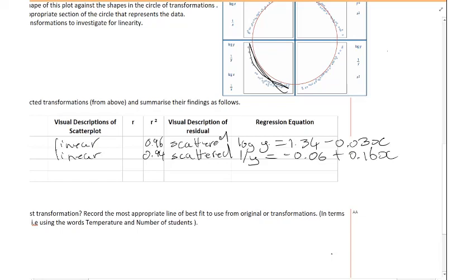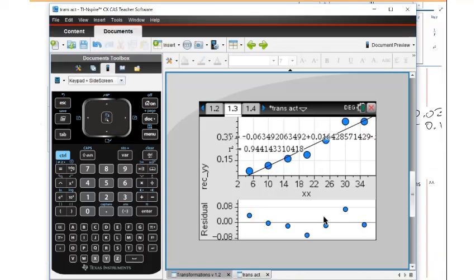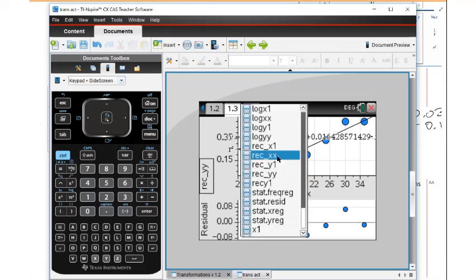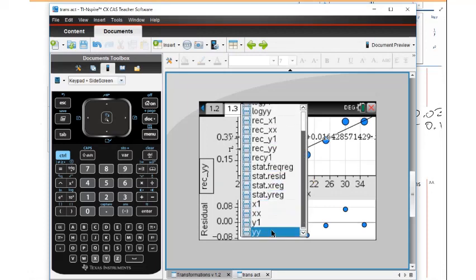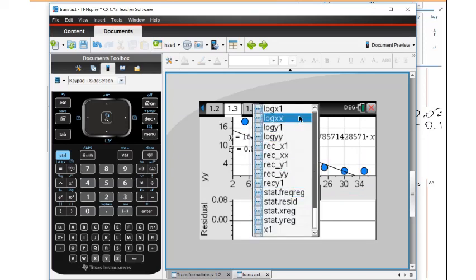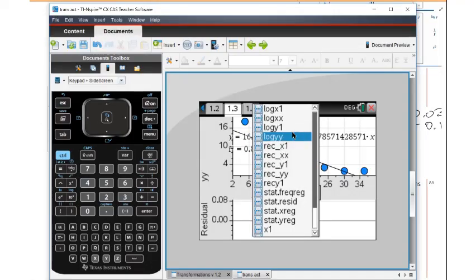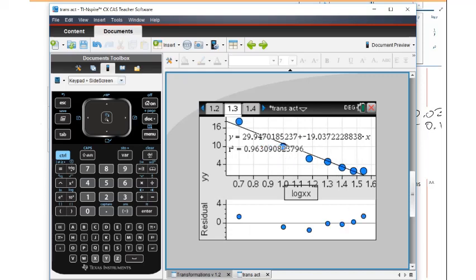0.16x. Now I look at log x versus y. So in this case, I change that back to y. I change this to log x.